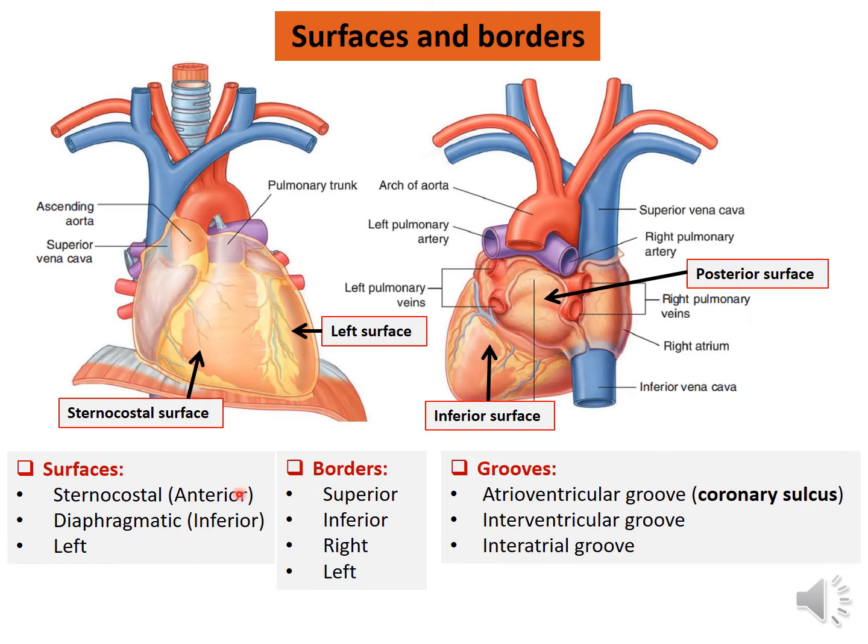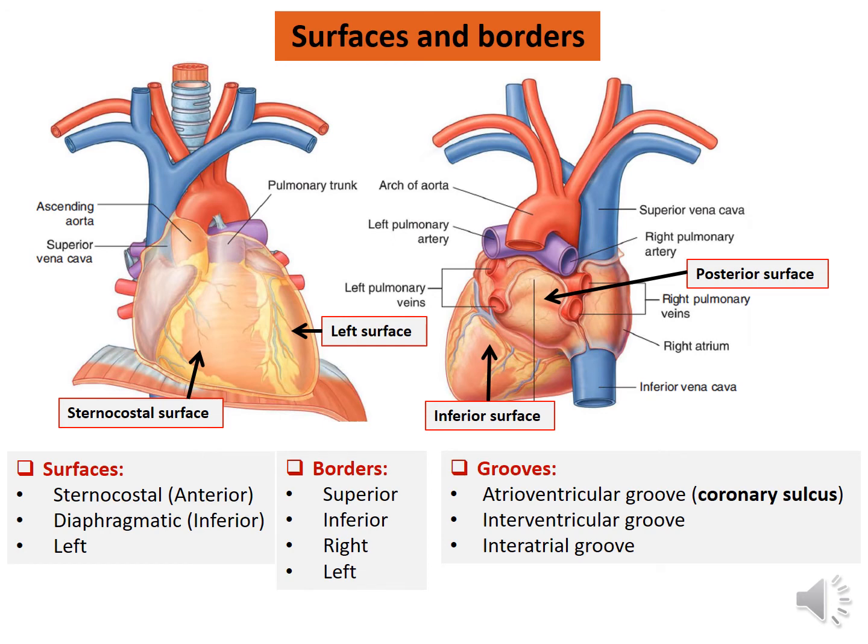The heart presents 3 surfaces, 4 borders, and on the surfaces you can see the grooves where you can see the presence of the coronary arteries and their branches, and also you can see the veins draining the cardiac musculature. Reviewing the external features is important to understand the internal features.